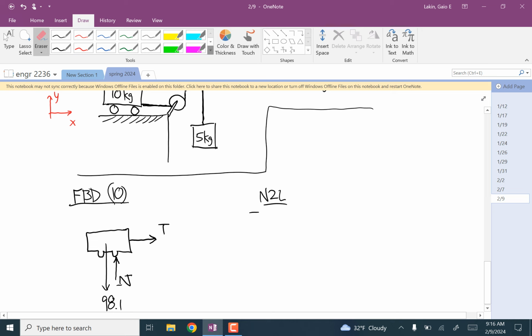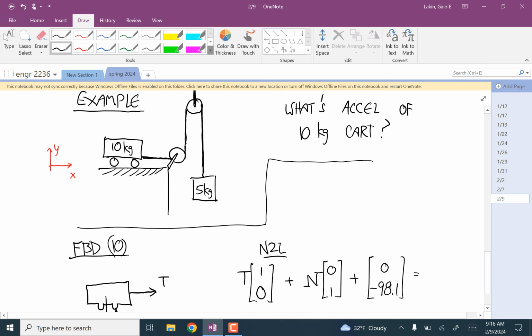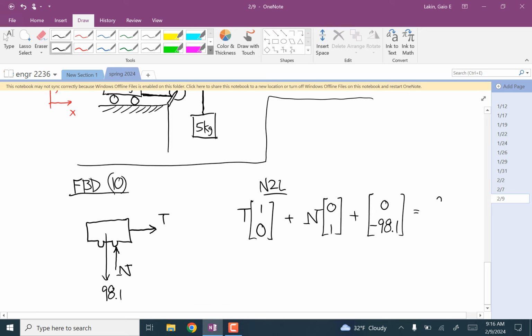One way you can think of these is the arrow is a unit vector. It's showing the direction of a unit vector, and the variable is the magnitude of the vector. So you can think of this as a magnitude T times the unit vector in the x direction. Same thing with N: N times 0, 1, plus 0, negative 98.1. This thing can only move along the x direction, so I'm going to just put this in as a, 0.